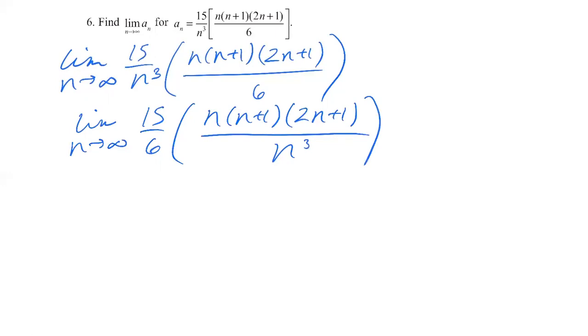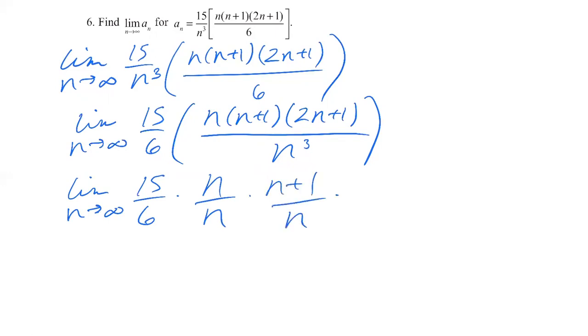We can also take this n cubed and we can split it up. It would be helpful to express this as n over n times n plus 1 over n times 2n plus 1 over n.